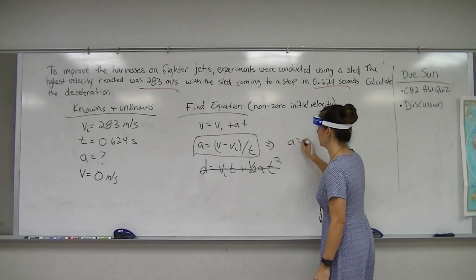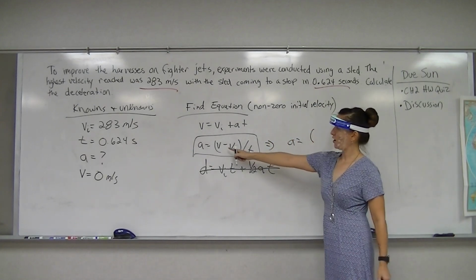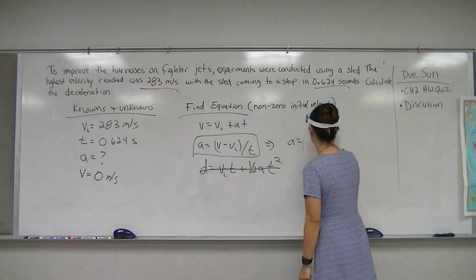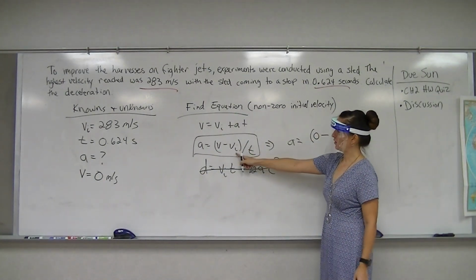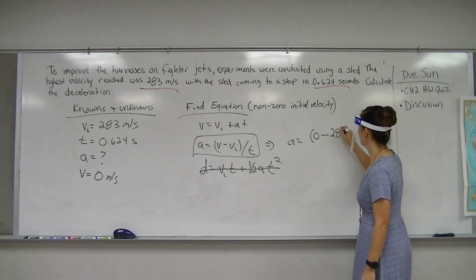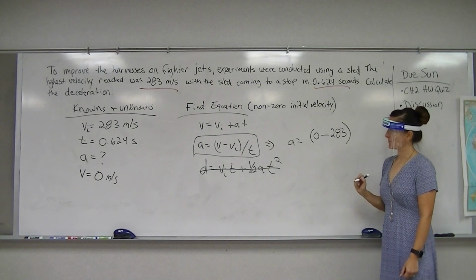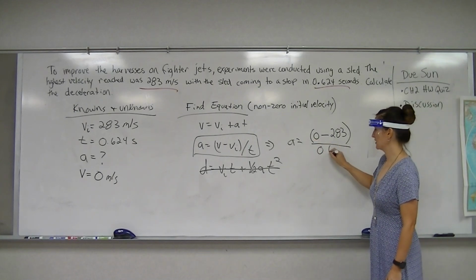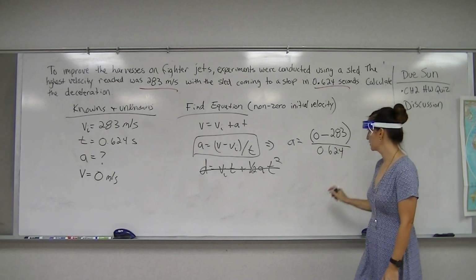So, doing just that, we're going to take our final velocity, which was at a stop, so 0. We're going to subtract our initial velocity from that, and the initial velocity was 283. And then divide that by the time it took for him to stop, and that is 0.624.